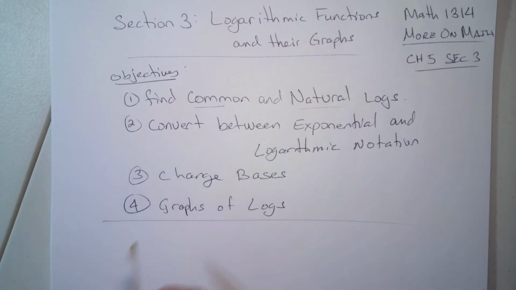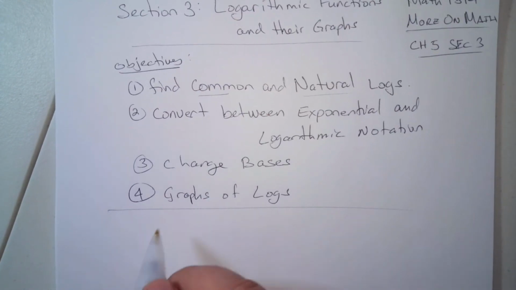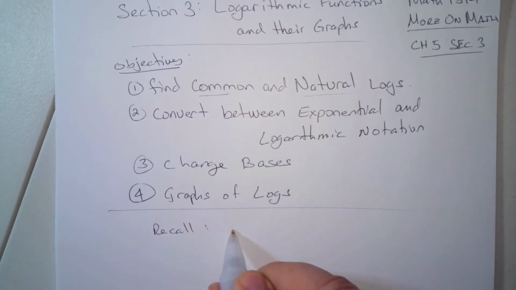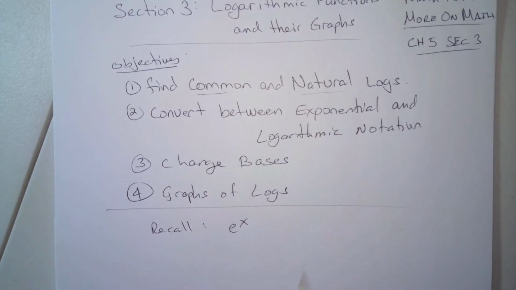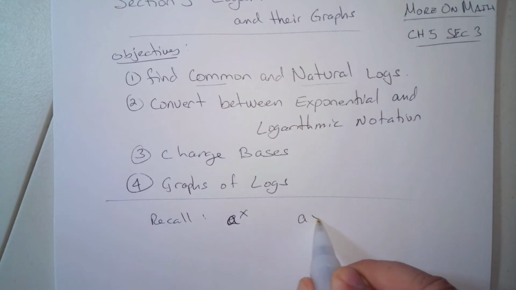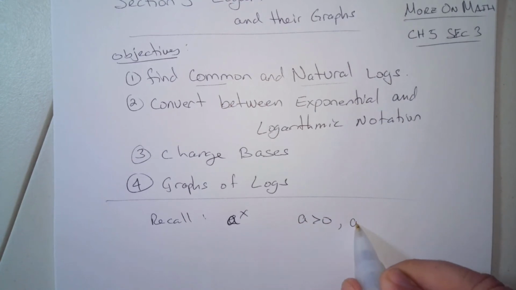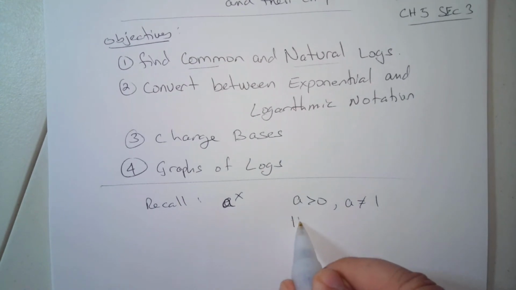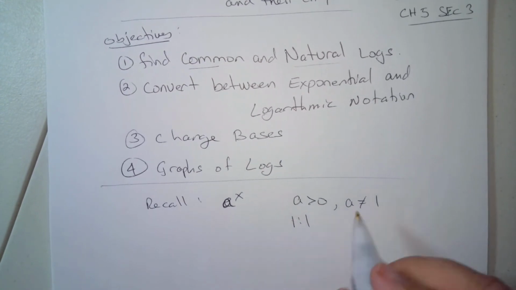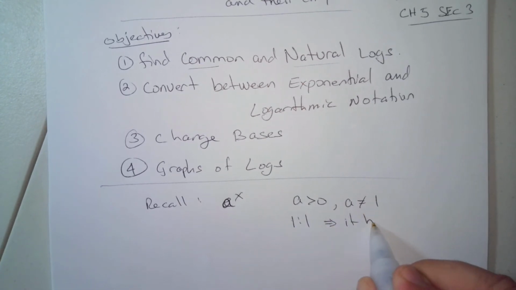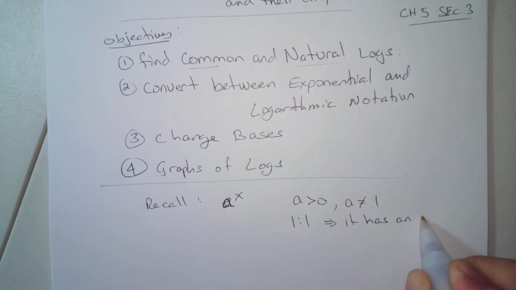Alright, let's begin. Recall from last section: e to the power x, or a to the power x, that's more like it. We had conditions. a had to be positive, a could not equal 1, it was 1 to 1, and because it was 1 to 1, it's continuous, and that means it has an inverse.